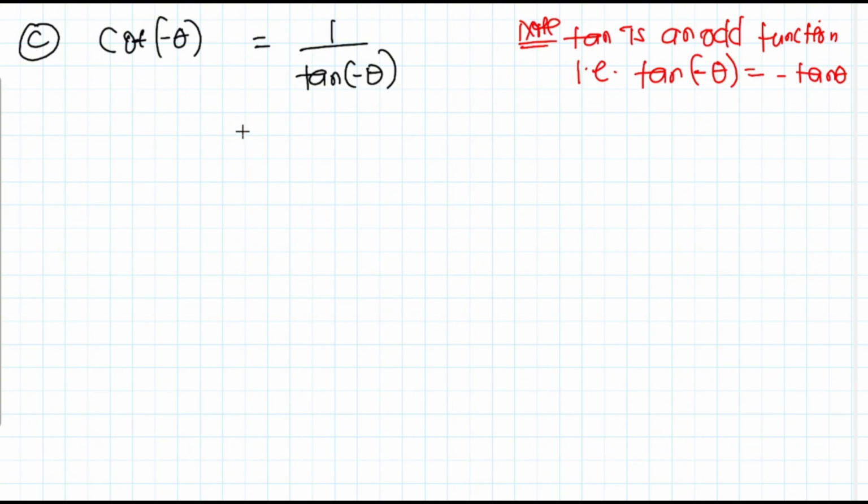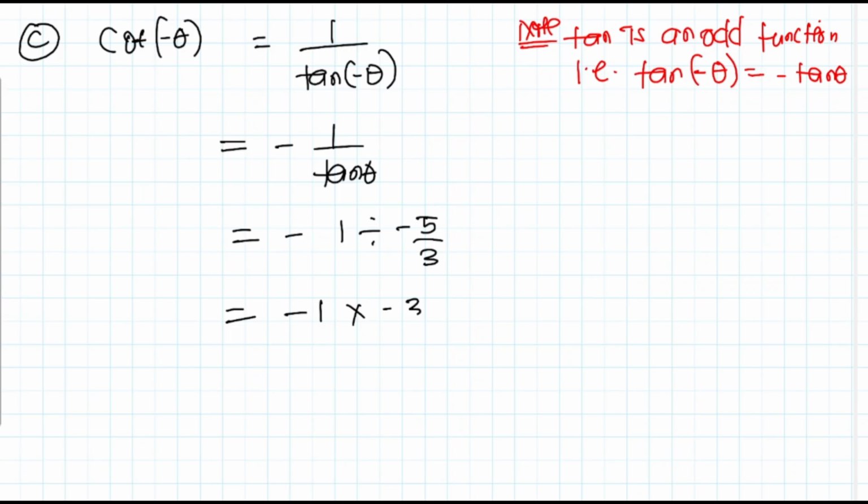Now let's simplify this. This value will be equal to minus 1 over tan theta. Applying the identity, this will be minus 1 divided by minus 5 over 3, which is minus 1 multiplied by minus 3 over 5, and that is 3 over 5.